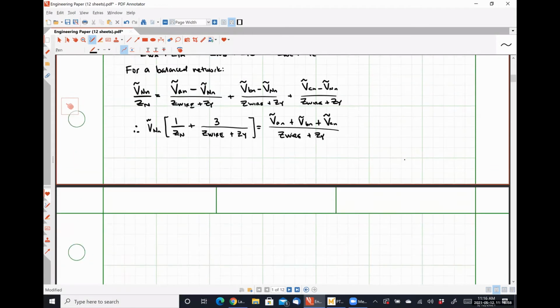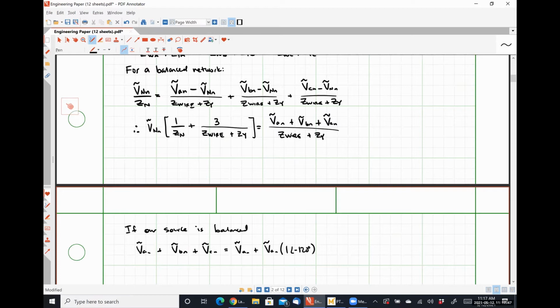Let me scroll down to the next page here. If our source is balanced, meaning that it has equal magnitude of the phase voltages and exactly 120 degrees of phase separation between each phase, we can say that VAN plus VBN plus VCN is equal to VAN plus VAN times 1 angle negative 120 degrees.